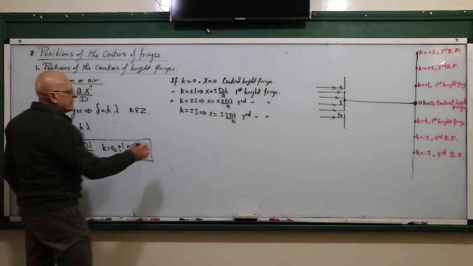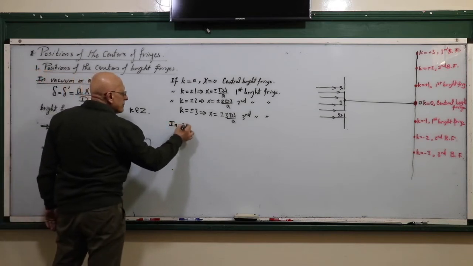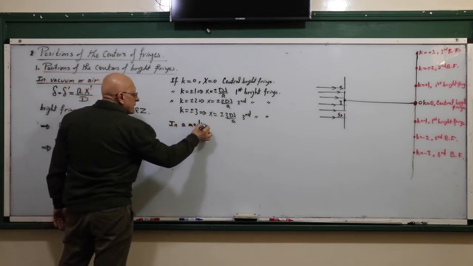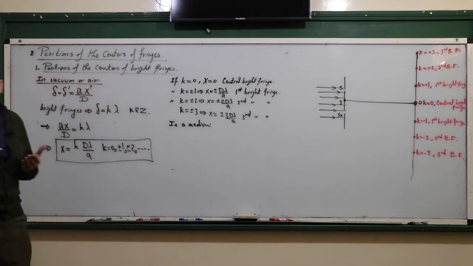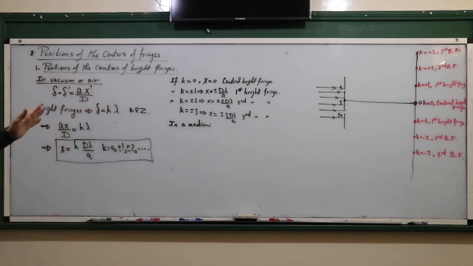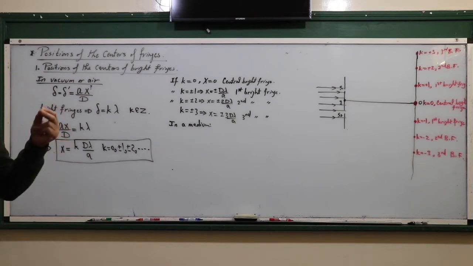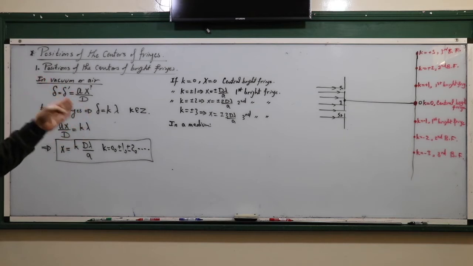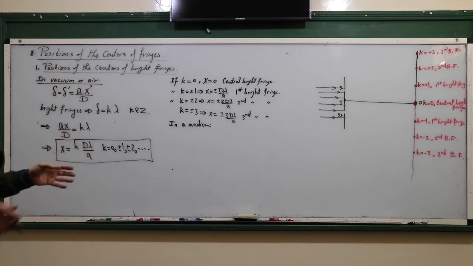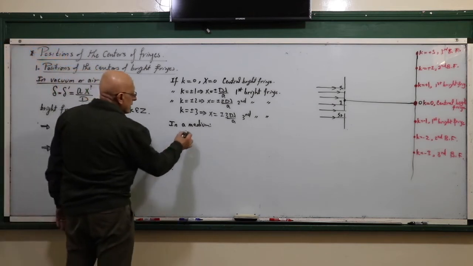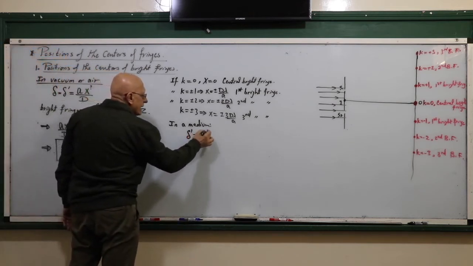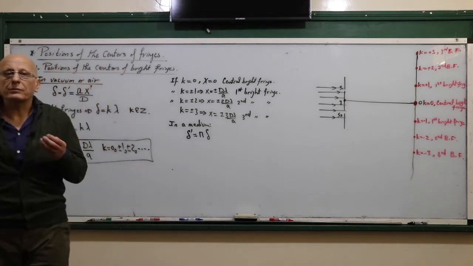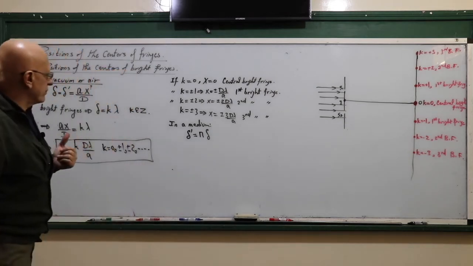If I go to a medium, in a medium, we said that the optical path difference that corresponds to the geometrical path difference is given by delta prime equal n delta, and you can't write delta prime equal to delta, as we have proved.